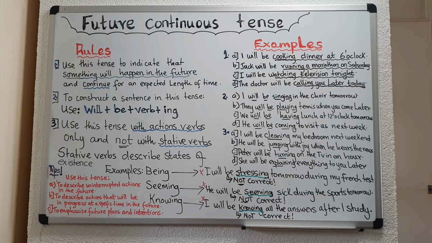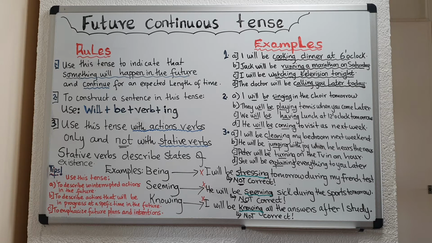So we use the future continuous tense when you want to explain something that is going to happen in the future and it's going to continue for some time. Okay?